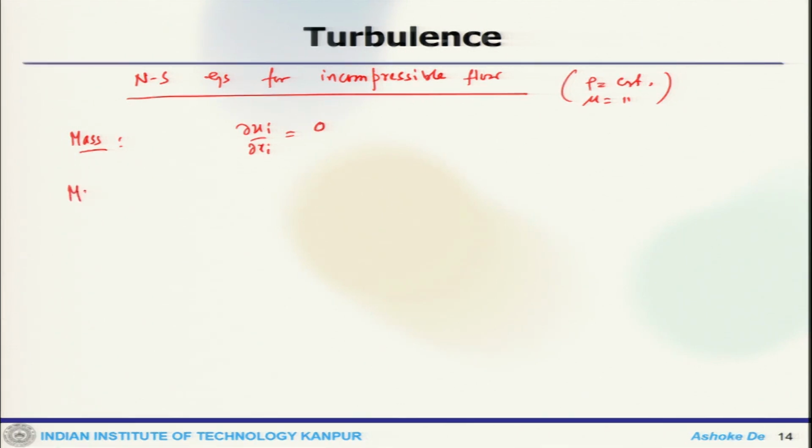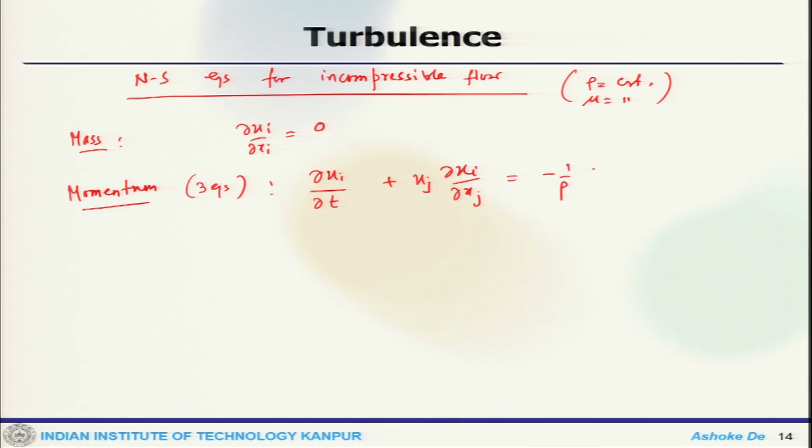Now, we have the momentum conservation equation, which is essentially three equations, but we can write in one single equation: del ui by del t plus uj del ui by del xj equals minus 1 by rho del p by del xi plus nu del squared ui by del xj del xj.